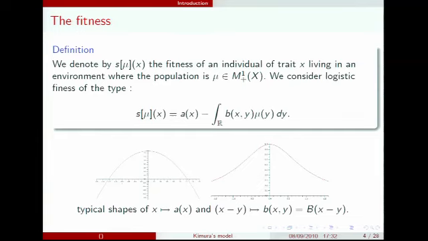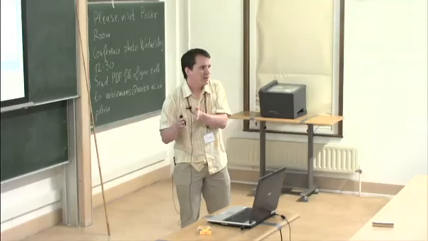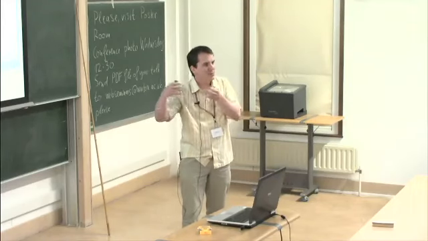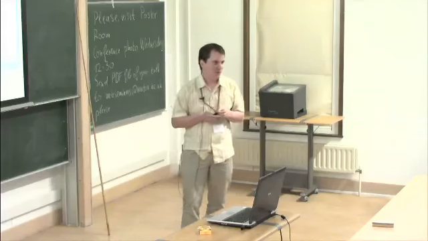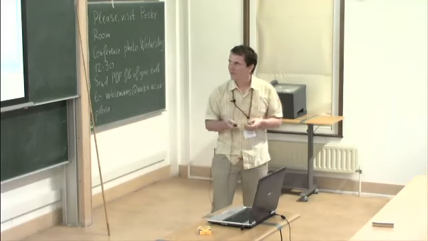That's a very usual assumption for biologists, because the idea is that if you look like another individual, you will compete more than if you are very different from him, all right? That's one of the explanations of speciation.